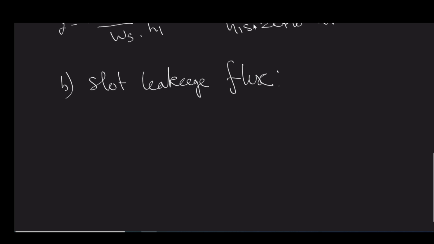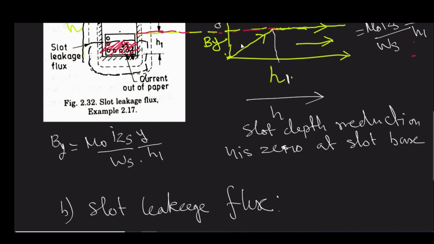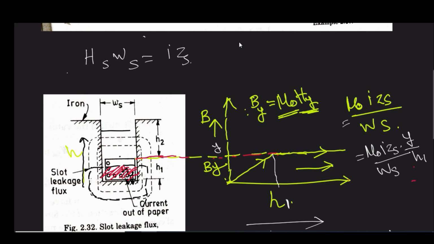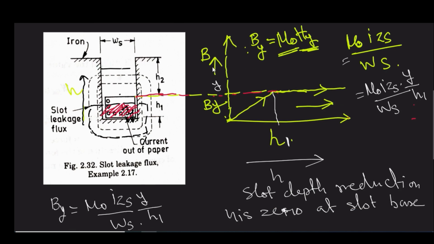The amount of slot leakage flux is what? Why is it H2? Because slot leakage will start when you consider there is nothing and you are purely considering the air gap.